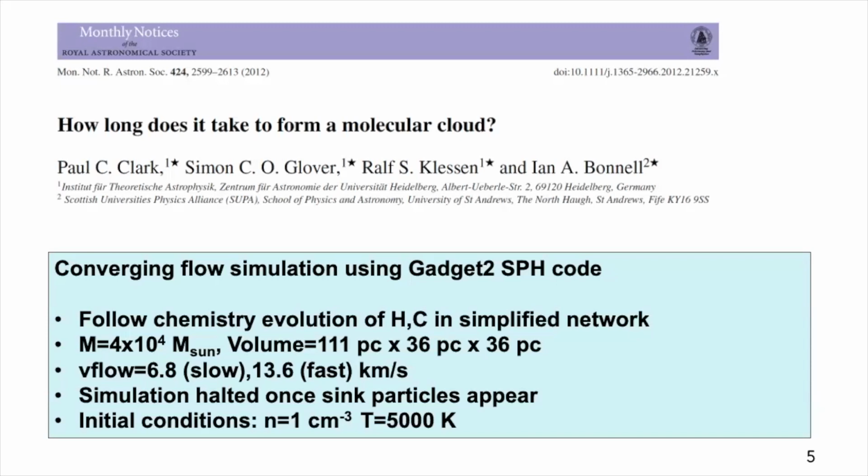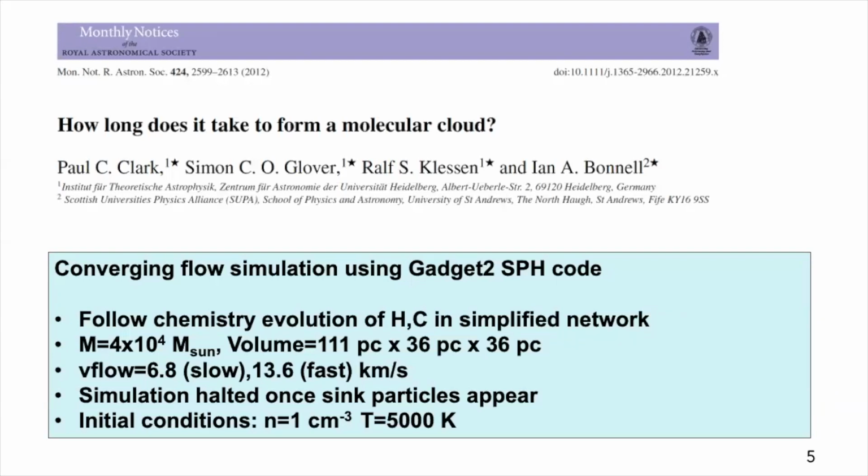They have two flow velocities, a total velocity of 6.8, that's a slow flow, and 13.6 kilometers per second is the fast flow. The simulation is halted once the sink particles appear, because they don't want to get into the mess of feedback mechanisms that affect star formation and cloud structure. They just want to know how long it takes to form a cloud.